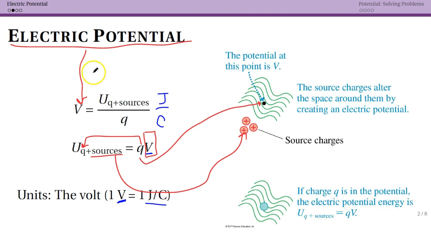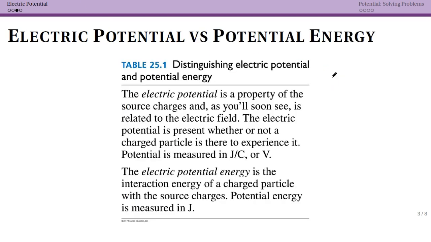So we're getting to this idea from potential energy, but electric potential is actually more useful. So again, let's distinguish carefully what it is now that we've met it in a little more detail. Electric potential is a property of the source charges. And again, the source charges are different than the charge that you're placing somewhere in space and thinking about what happens to it.